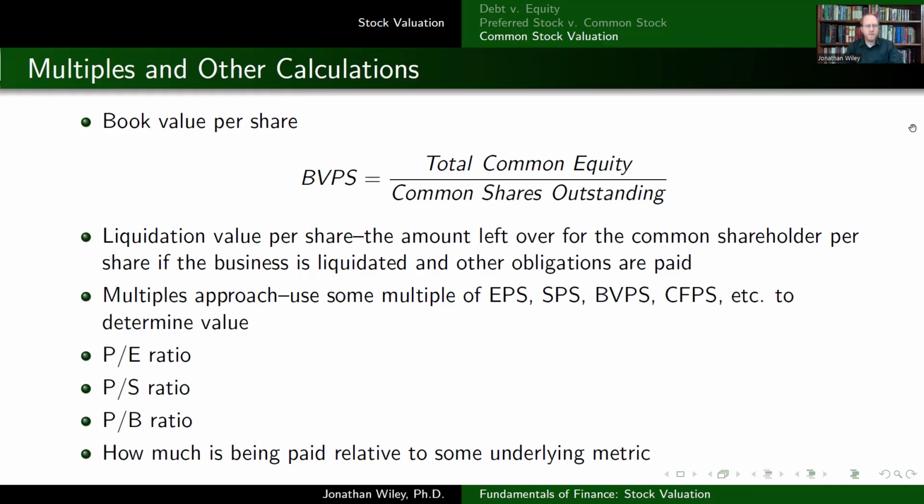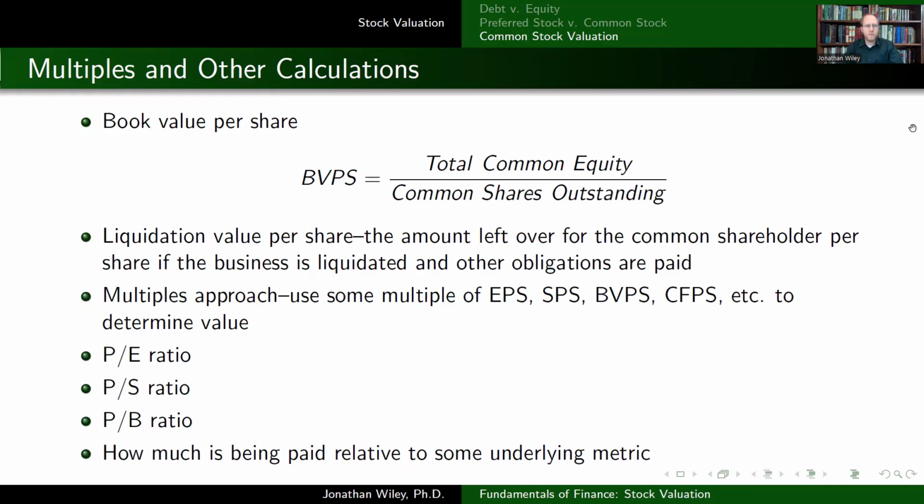Now, generally speaking, for a lot of firms, the market price is going to be substantially higher than the book value per share. The reason is people pay for stocks based upon the present value of all expected future cash flows. In other words, people are valuing companies based upon what they expect the company to earn, not just the amount of assets they have on the balance sheet.